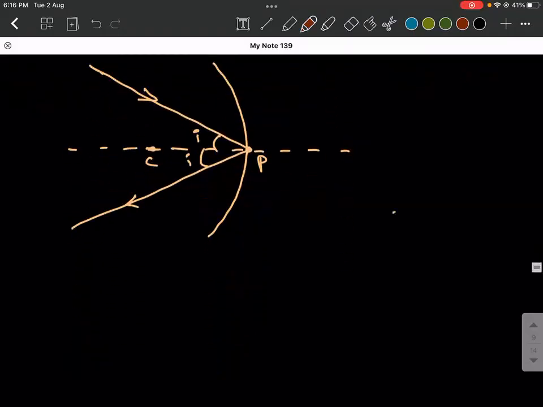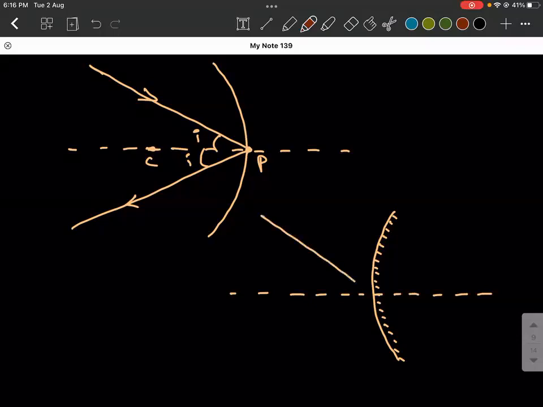The same is the case with respect to a convex mirror as well. So if I take this as I, this will also be I. Is this point clear? Right.